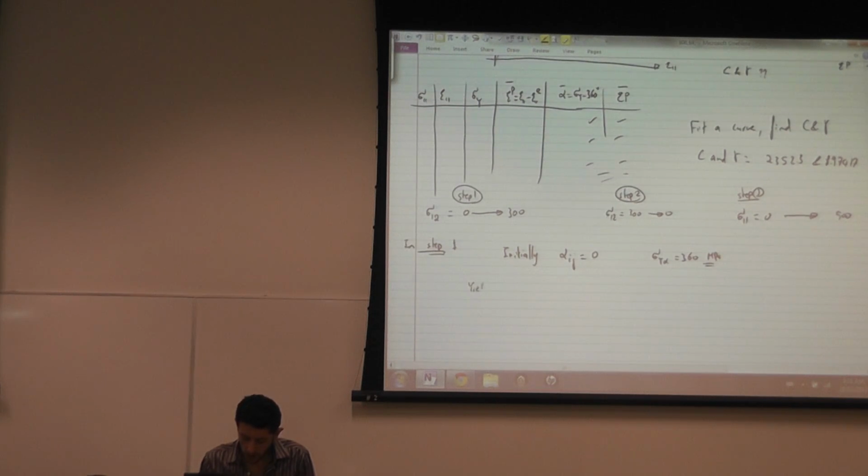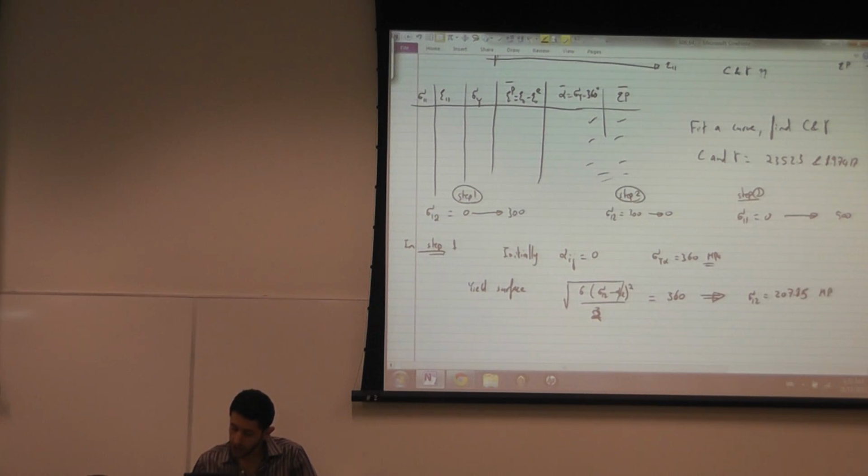Yield surface: square root of 6 times sigma 12 minus alpha 12 squared, divided by 2, is equal to 360, from which sigma 12 is equal to 207.85 MPa.